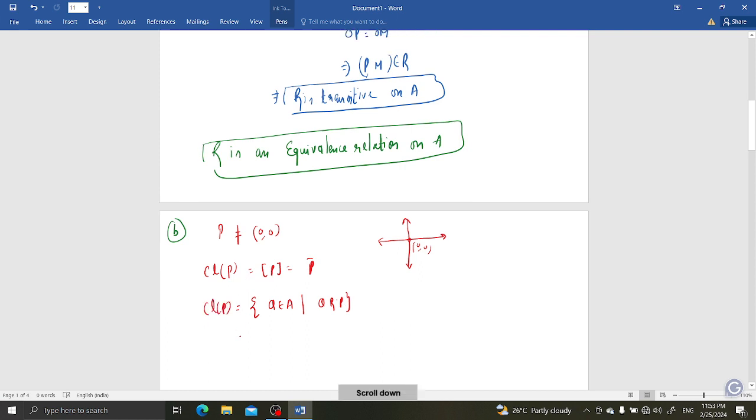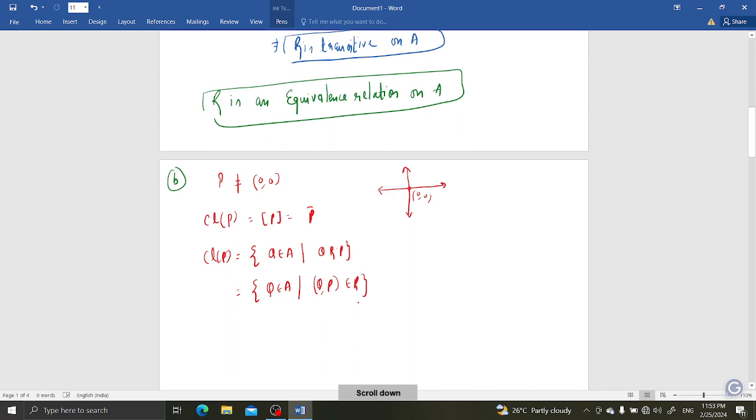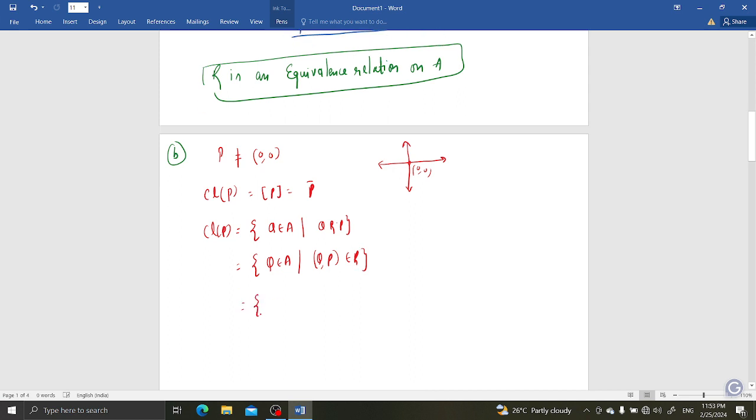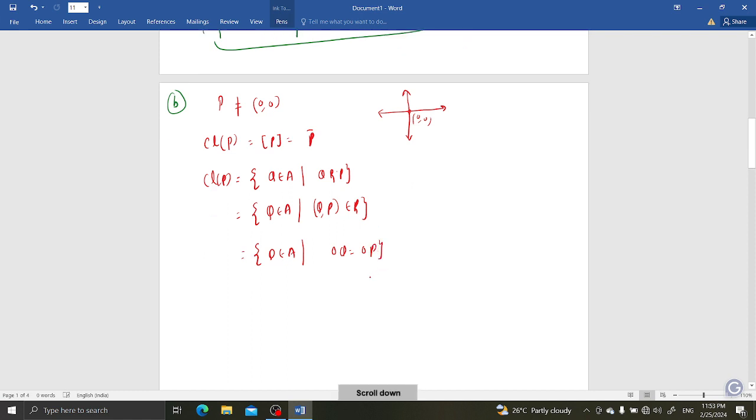So it means that Q belongs to A, Q comma P belongs to R. Step by step I will write, so that you can understand. Now here you can observe Q comma P belongs to R. It means that OQ equals OP.